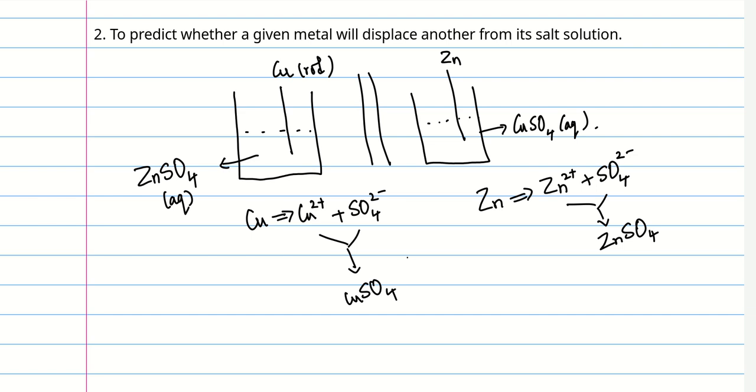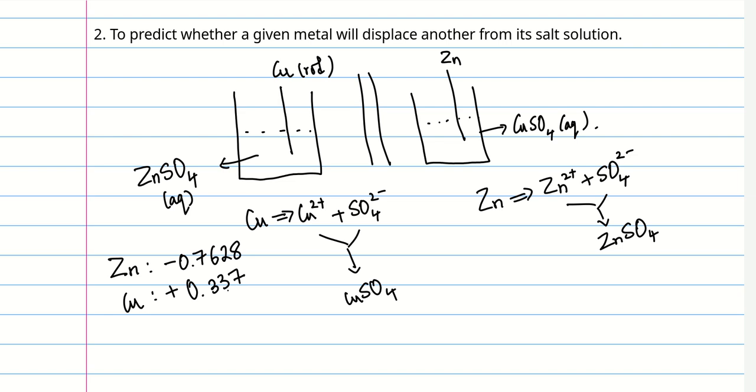So if you go to the table that I have just given at the top, you will see that zinc has a standard electrode reduction potential of minus 0.7628, whereas copper has a standard reduction potential of plus 0.337.